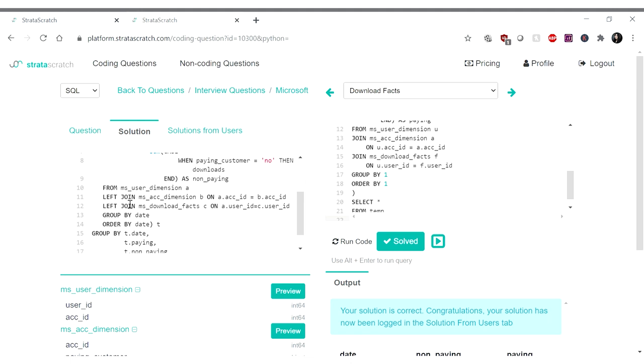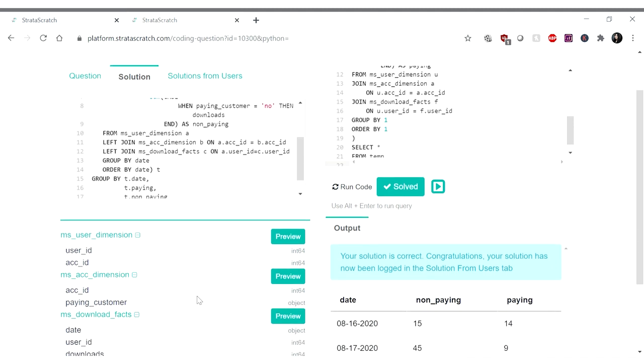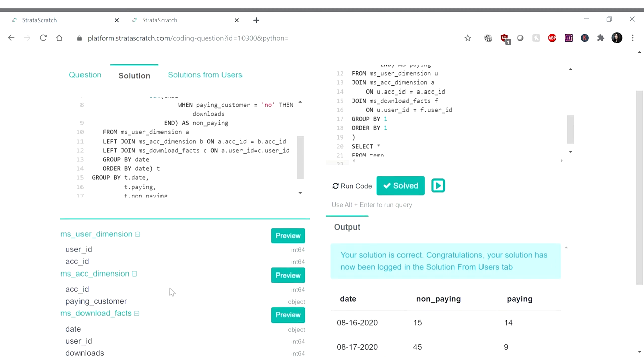Oh, they did a left join here. So, okay, they did a left join on both of these. Why did they do a left join? MS user dimension. Okay. So I would actually argue that maybe you shouldn't do a left join here.